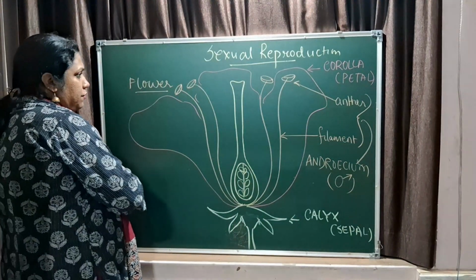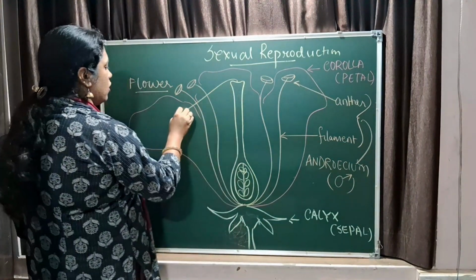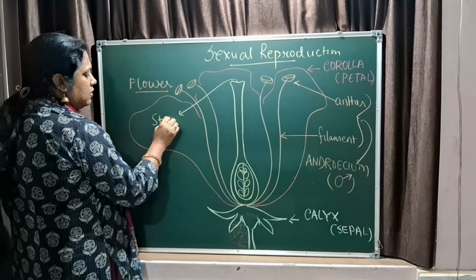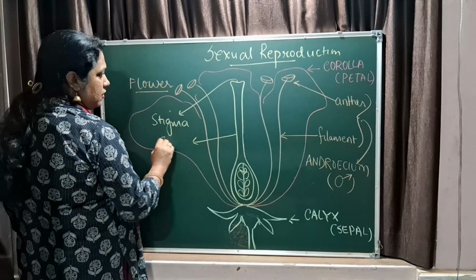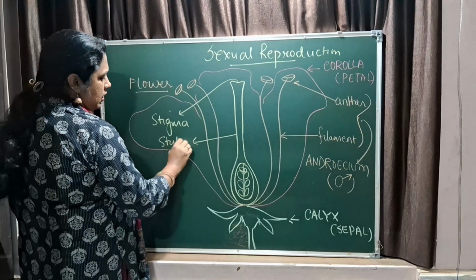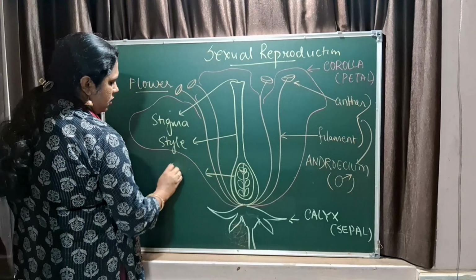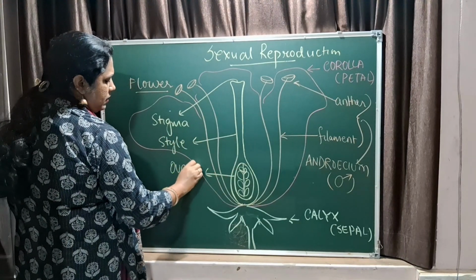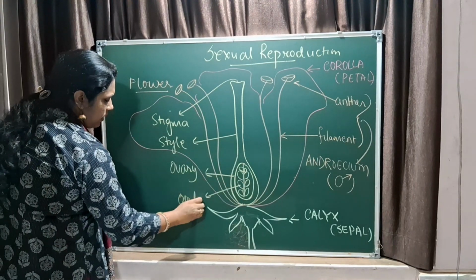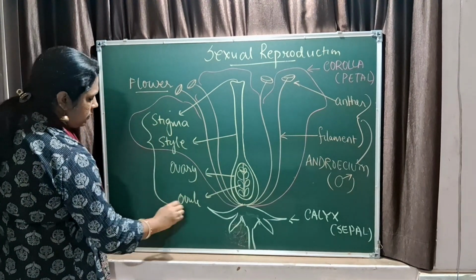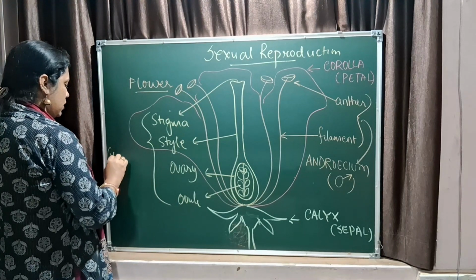Similarly, the female part of the flower has the stigma, the style and the ovary. This is the ovule, and together this is called gynoecium.